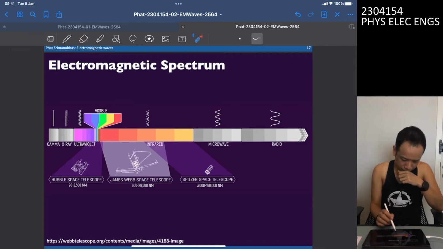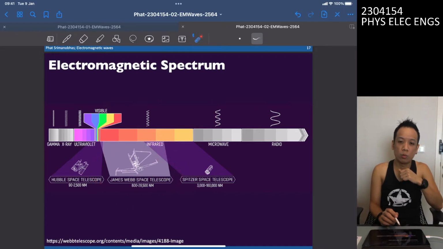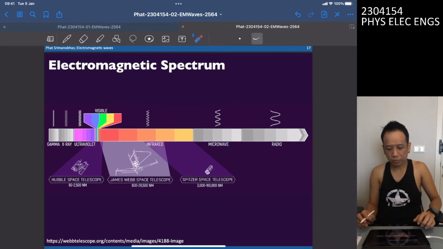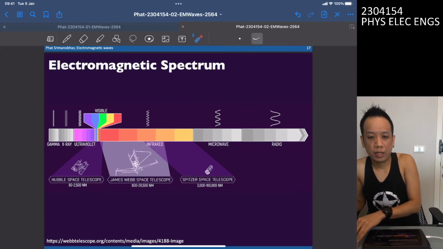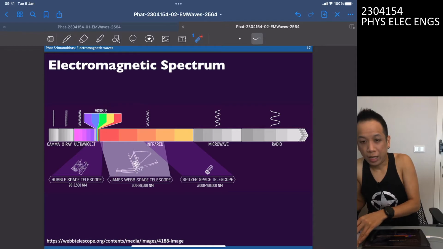And then the next one that maybe you saw in the news is the James Webb Space Telescope, which was just sent out to space last month. It covers the end of the visible light to the far infrared. So this is the spectrum of the electromagnetic wave that has different applications.